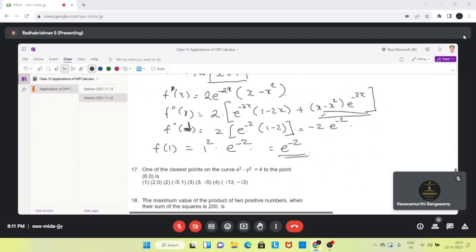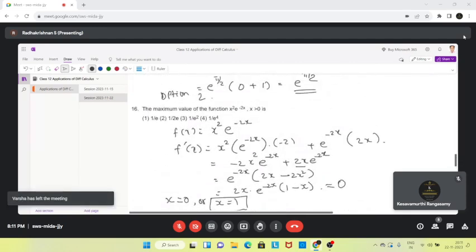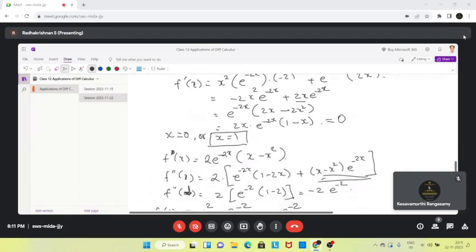This is your f of 1, or the maximum value of this function, which is e power minus 2. Option 3, 1 by e square. Okay.